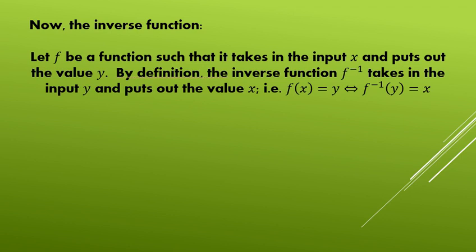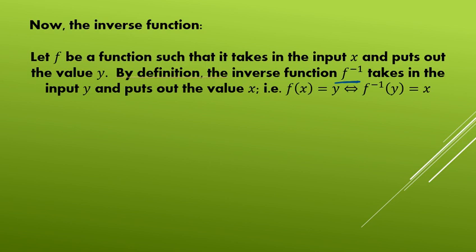By definition, the inverse function, and again that f with the -1 in the exponent, takes in the input y and puts out the value x. So f inverse picks up the guy that f spit out and then spits out x, which is the guy that f picked up.